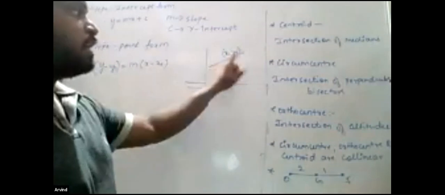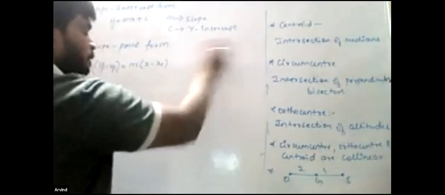Let's say the line is passing through the point x1 comma y1. The line is passing through the point x1 comma y1 and you know the slope of it. In that case, you're going to use this.